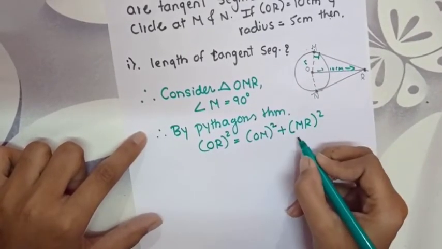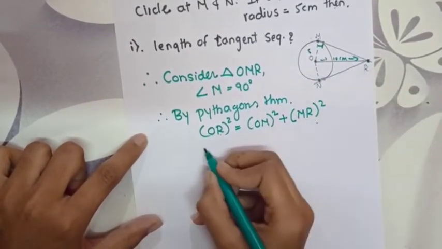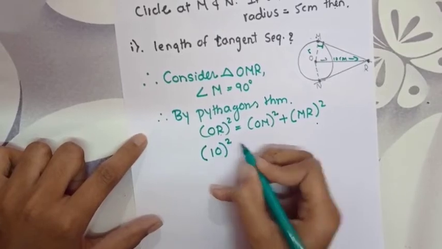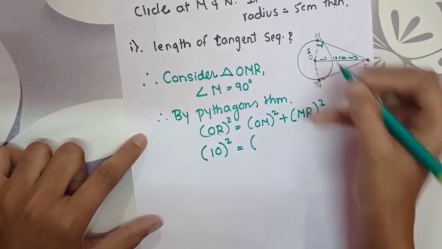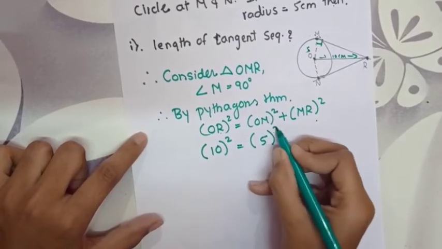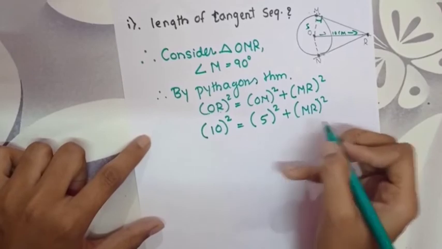We have to find the value of MR. What is the value of OR? It is 10. So 10 squared is equal to OM squared, where OM is a radius, which is 5 centimeter, 5 squared plus MR squared.